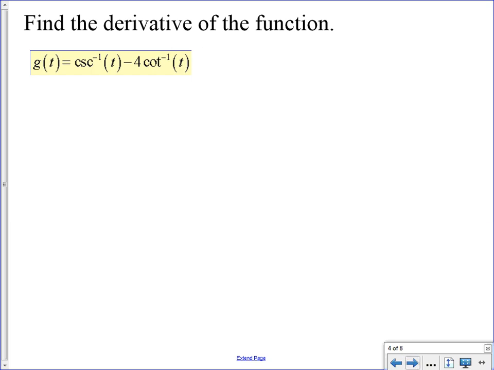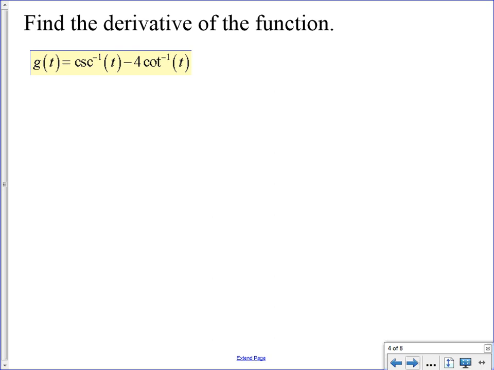Okay, so we want to find the derivative of the function. We've got g of t equals inverse cosecant of t minus 4 times inverse cotangent of t. So here we're really just finding the derivative of a difference. So we just need to differentiate each term and subtract.